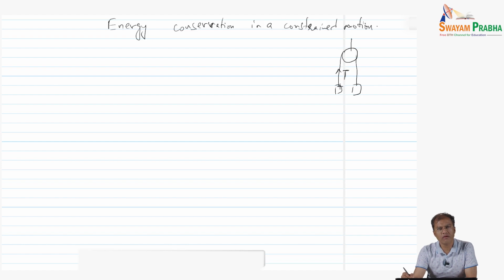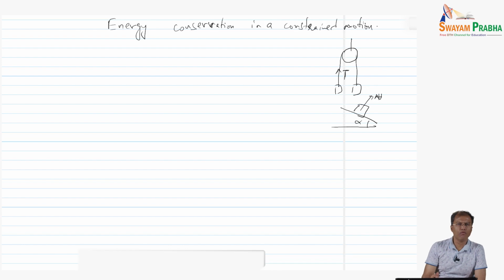Similarly, a particle sliding along an inclined wedge is also constrained motion, because it is constrained to remain on the wedge due to the normal reaction of the wedge. And there are lots of other such motions. These are some of the common examples that we have seen in the previous modules. So the question is: what is the work done by the constraints?